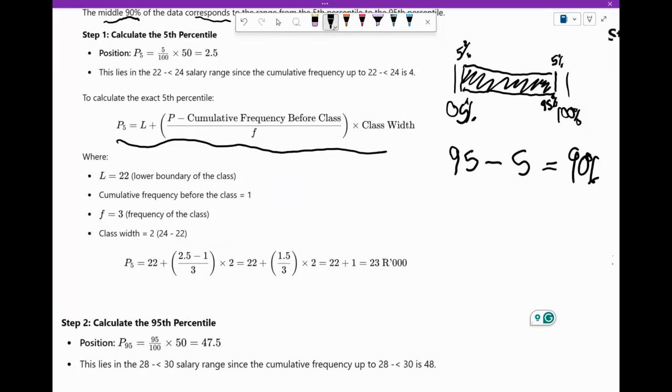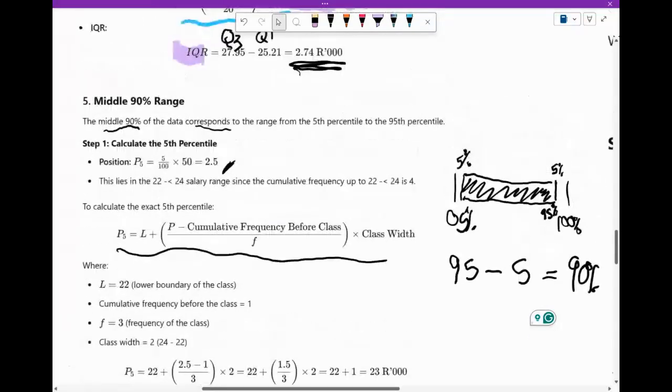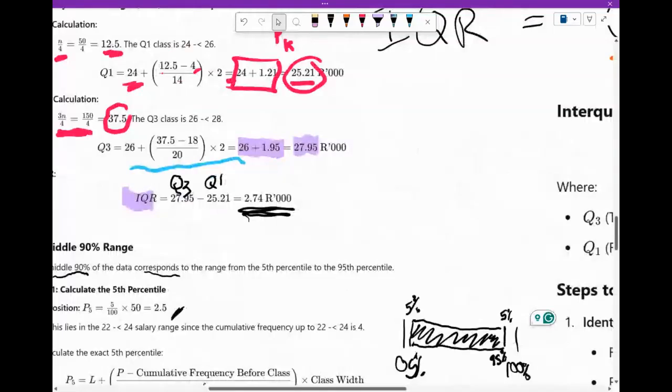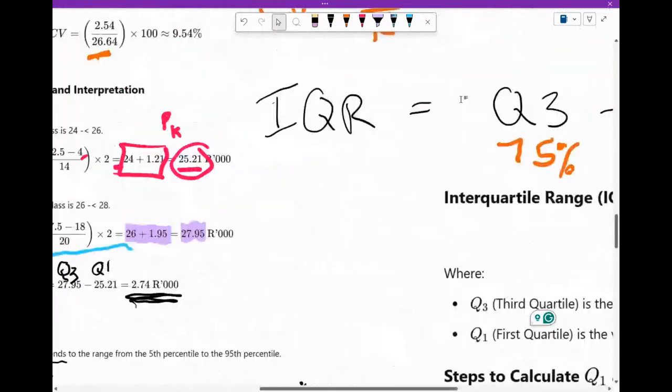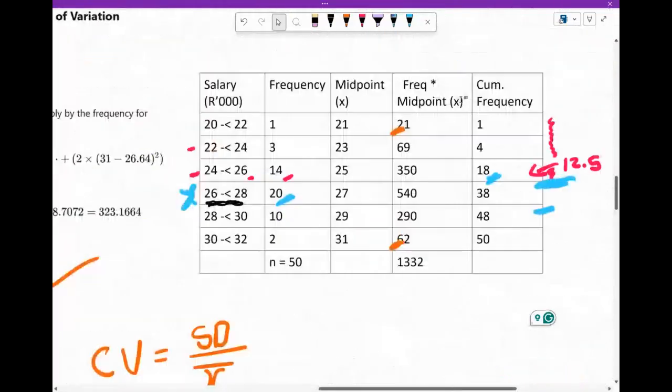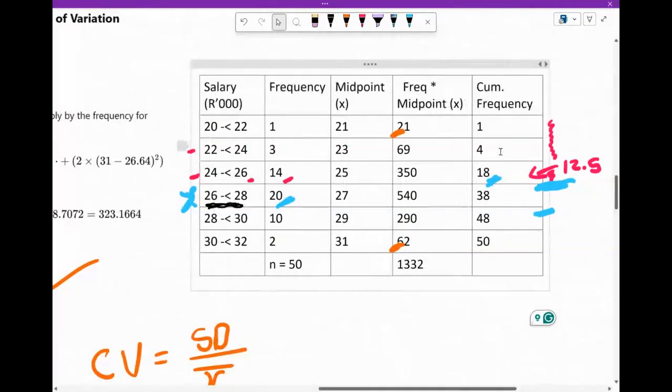Okay. So you're applying the same thing. You get your answer. Remember, firstly, we have to get our positioning. Then when we know our positioning, we know that the first class was 1. The second class is 4. Sorry, cumulative frequency is 4. The second class. We're looking for 2.5.